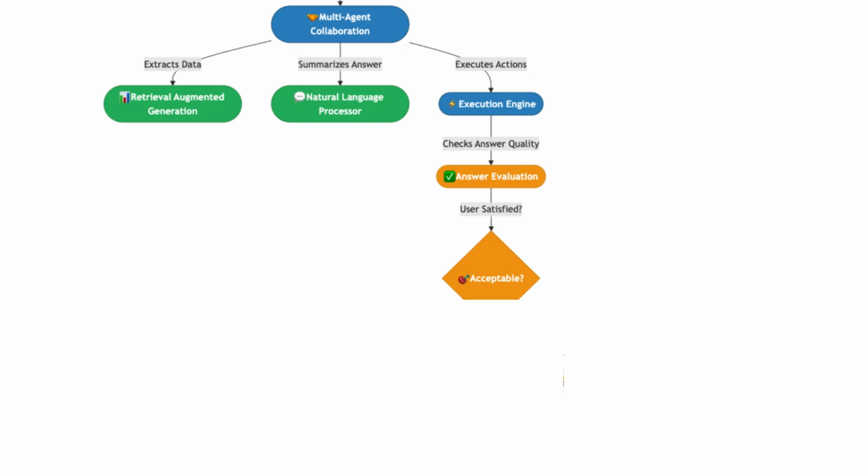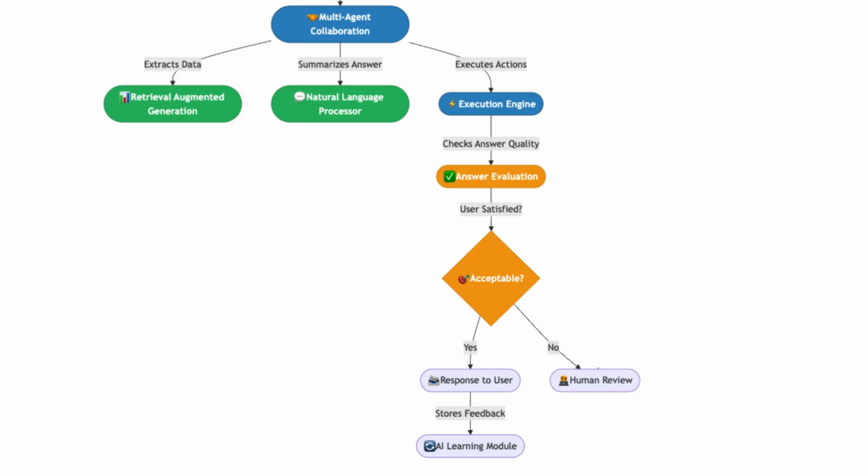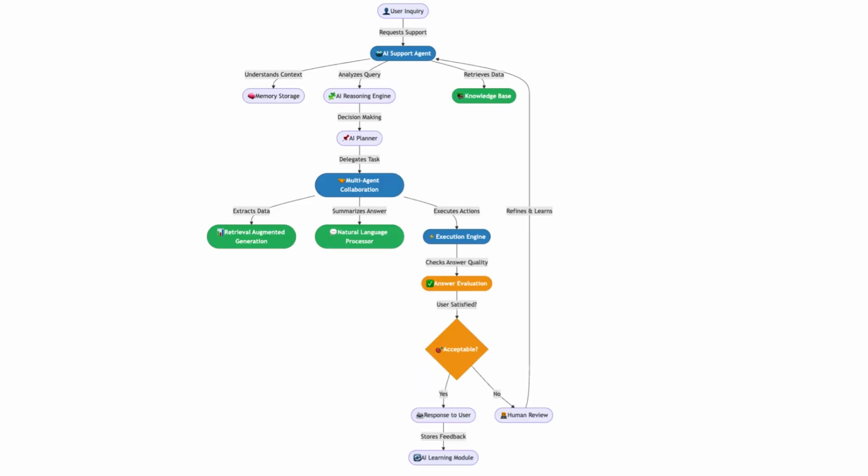The answer is evaluated. If it is satisfactory, it responds to the user and stores the user's feedback in the AI learning module. If the answer is not as expected, it goes to a real human who can review and respond to the user. Meanwhile, all these conversations and feedback are refined, learned, and stored in the knowledge base.